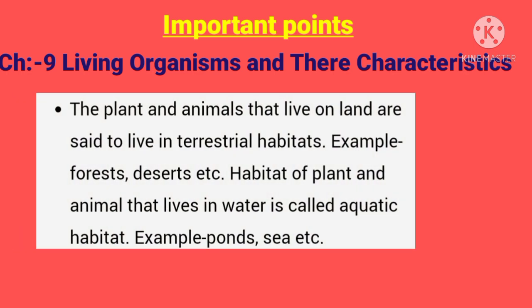Now the second point is the plants and animals that live on land are said to live in terrestrial habitats. Examples: forest, desert, etc. The habitat of plants and animals that live in water is called aquatic habitat. Examples: ponds and sea.